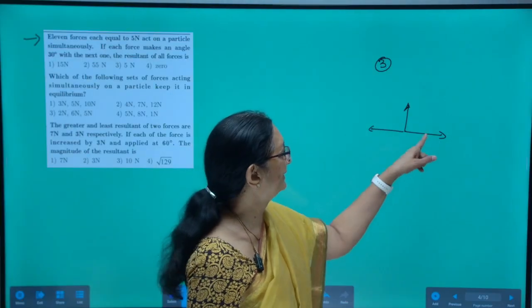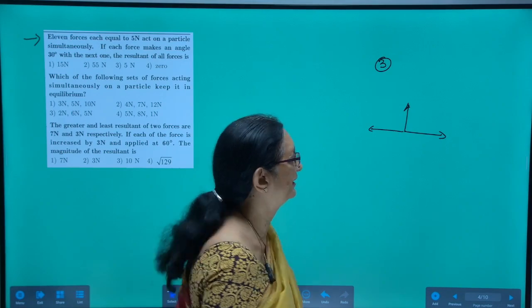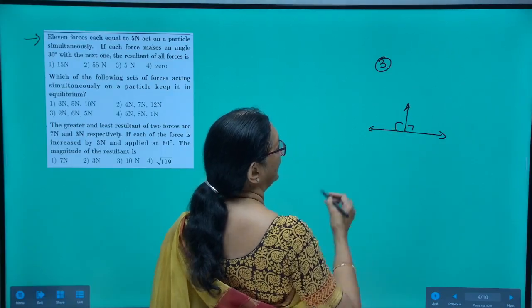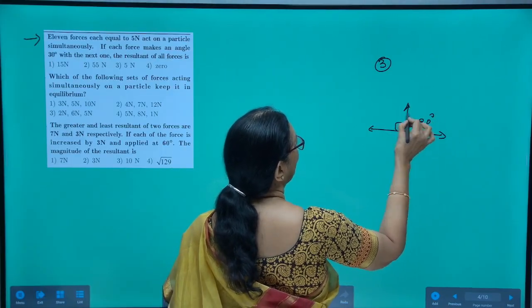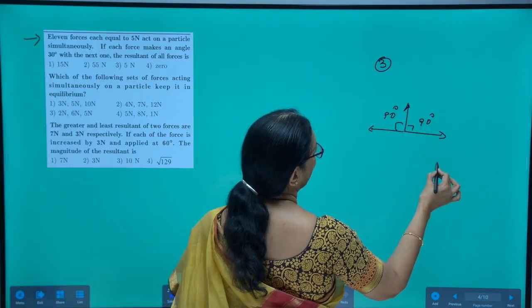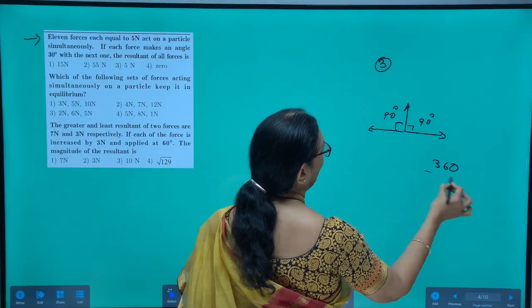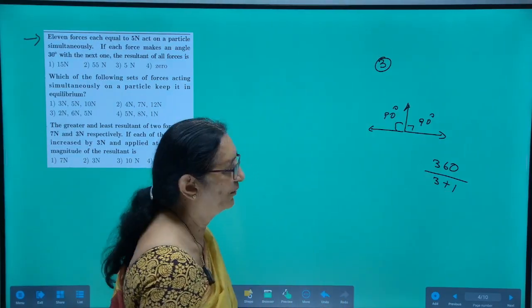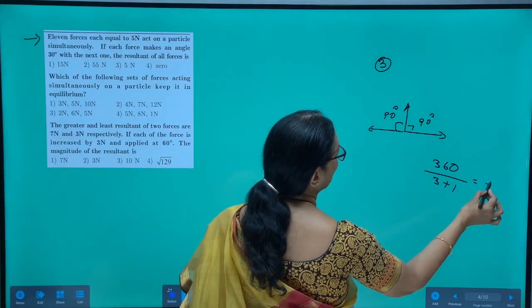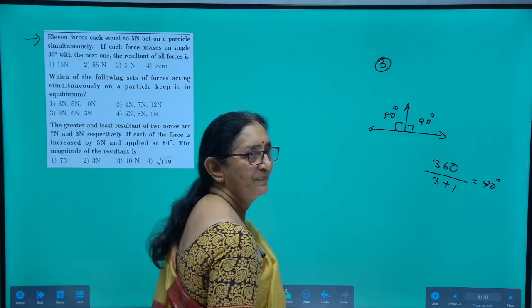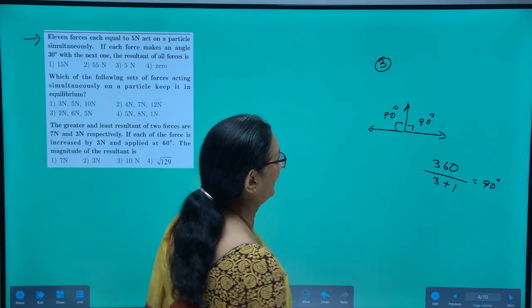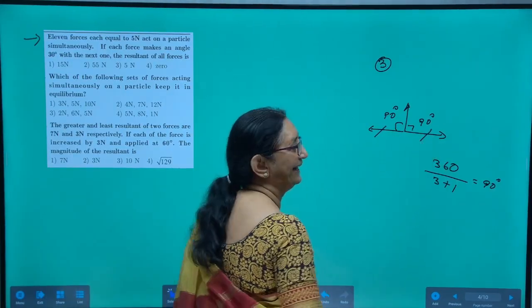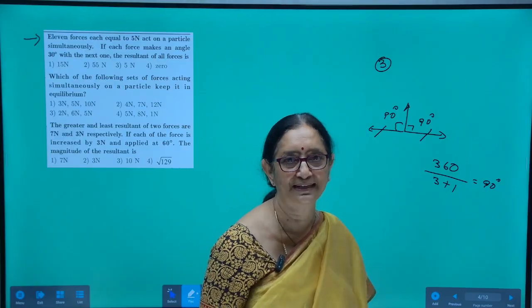All 3 are equal in magnitude, and here the angle between one and the next is 90 degrees. Right. So, it is 360 by (3 plus 1), which is 90 degrees. So, in this particular case, what is the resultant? These two vectors are equal and opposite, they just cancel one another.